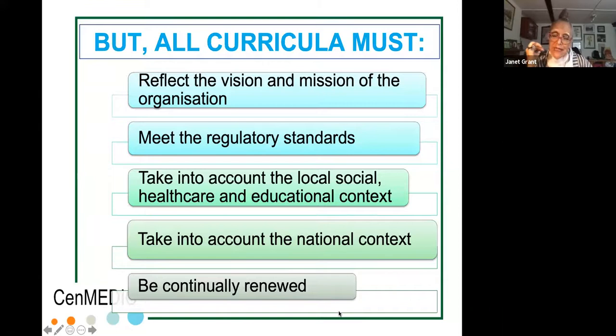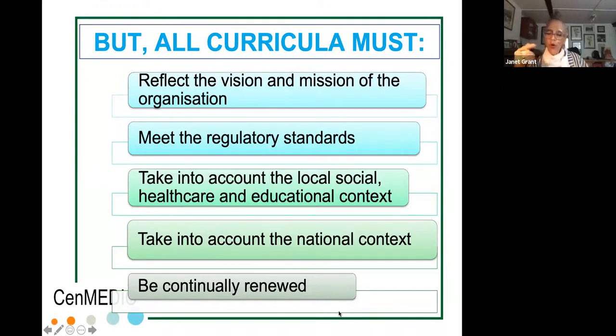They must take into account the local social and healthcare and educational context, because that is what gives them part of their purpose and part of their identity. They must take into account the national context as well. What is their role in the country as a whole in terms of developing doctors?